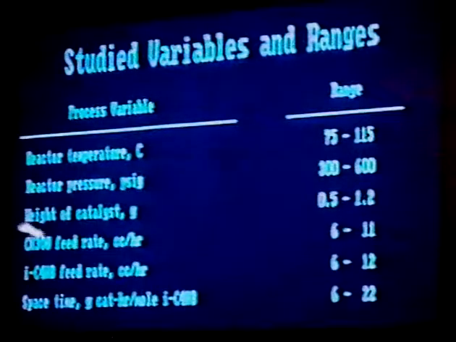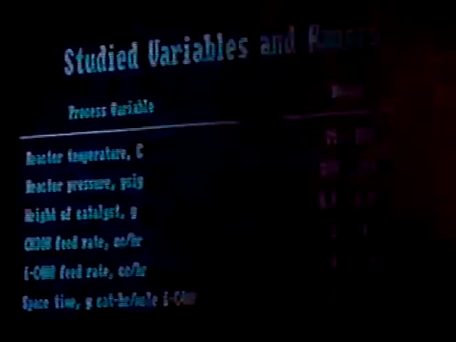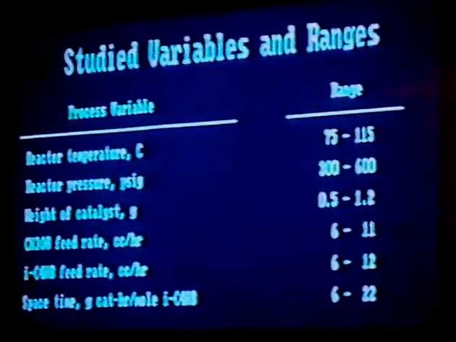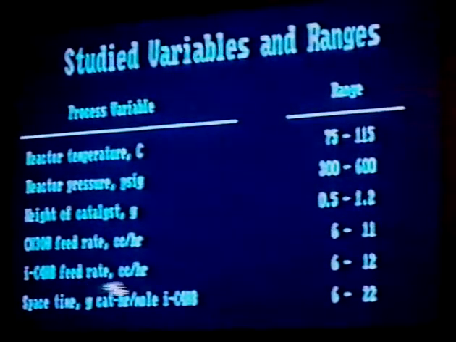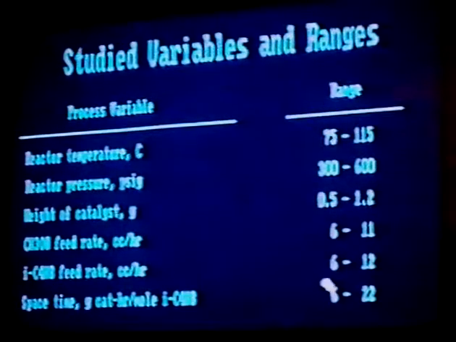We fed methanol and isobutylene feed rates in these ranges, and the isobutylene was a limiting reactant in all cases, so that we had a space-time based on a mass of catalyst per mole of isobutylene per hour of 6 to 12.